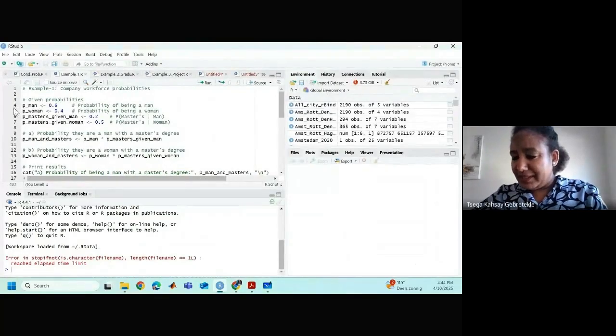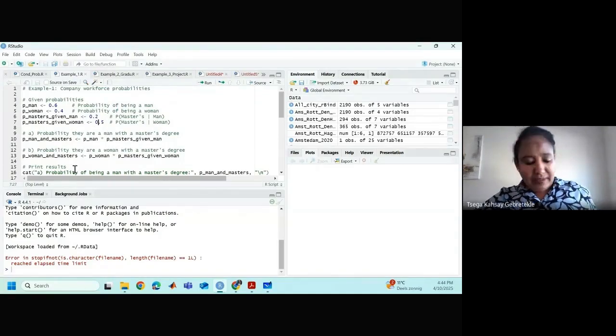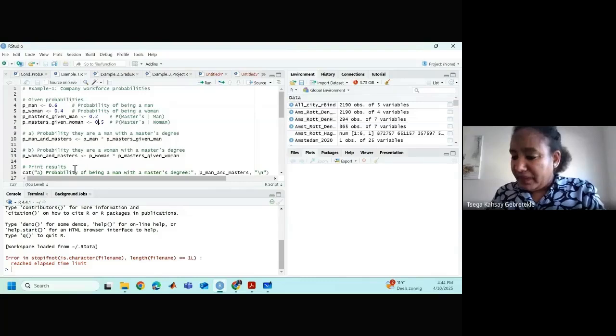Okay, so what I can do is set the probability of M to 0.6, the probability of women to 0.4, the probability of a master's given a man to 0.2, and the probability of a master's given a woman to 0.5. Then I can run this and show you the result.